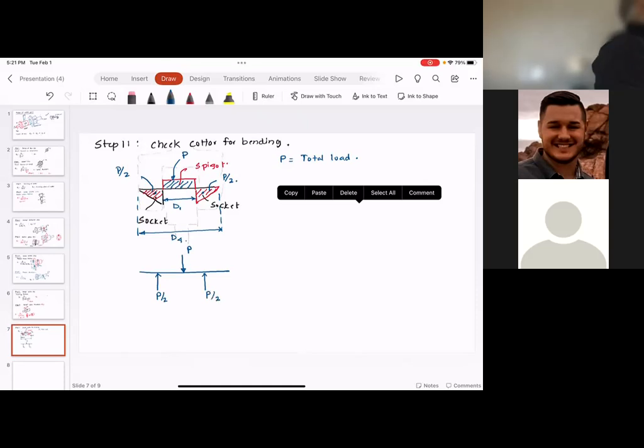Now, D4 is the diameter of the collar. So that dimension is known. D1 is known. So can you find out this dimension? This dimension can be found out. This dimension is going to be D4 minus D1 divided by 2. Same thing over here.